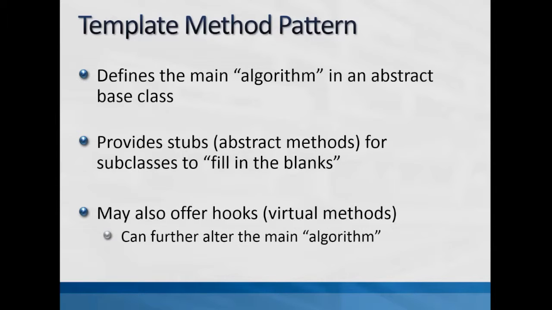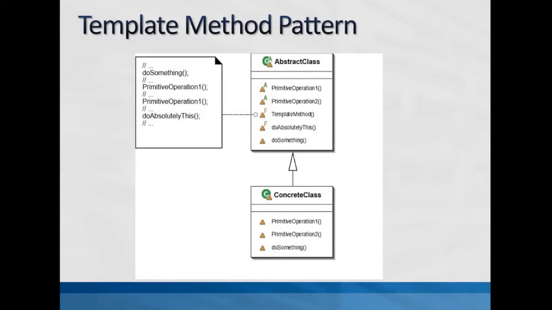So this is the UML diagram for the template method pattern. You have your abstract class here, or base class, I should say. And this A means they're abstract, so subclasses need to implement these. I'm not sure what this F means, but I'm assuming that's part of the main algorithm. Maybe that's a hook, I'm not sure. Then you have your do something method here.